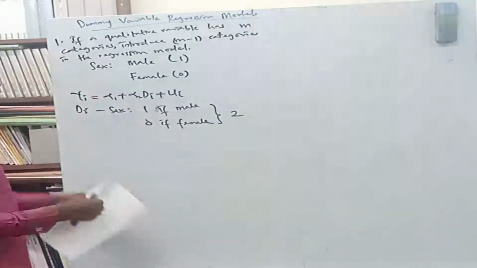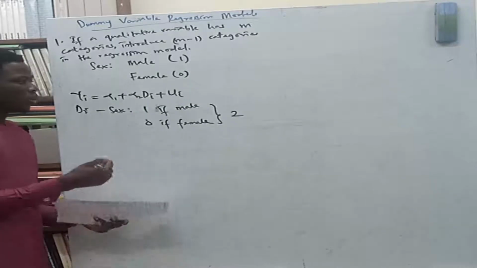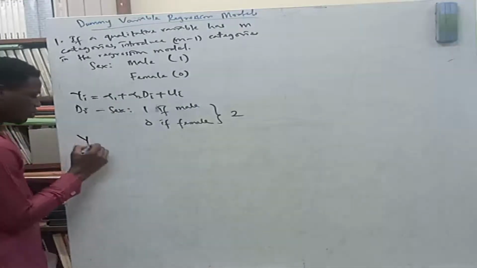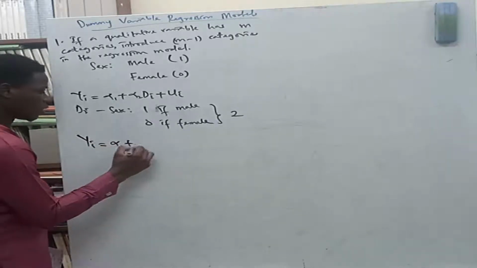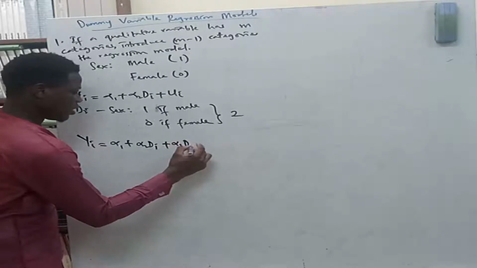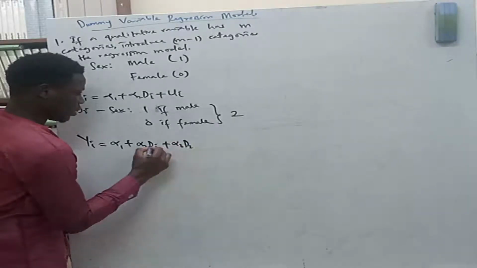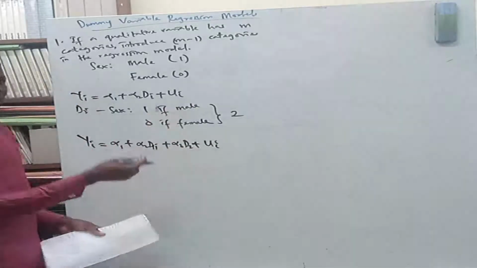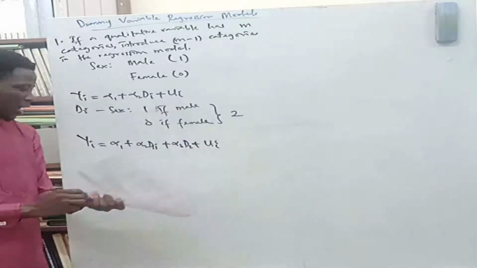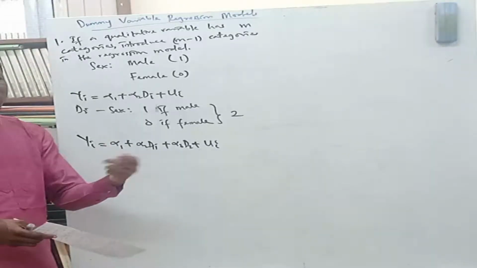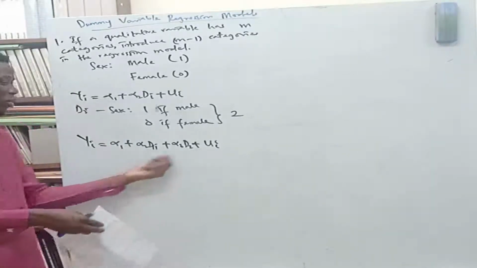Why is that? Now, if you introduce 2 dummy variables here, let's say you did it as alpha 1 plus alpha 2 d1 plus alpha 3 d2 plus ui, that means you have introduced both male and female at the same time, and you have your alpha 1. You'll be running into a very serious problem, which is known as the dummy variable trap.